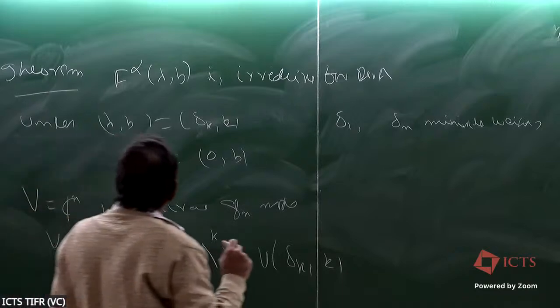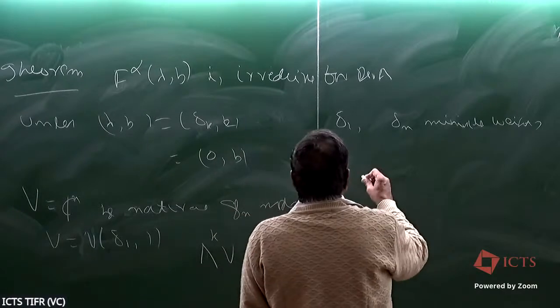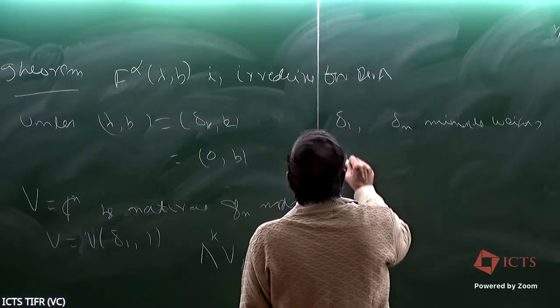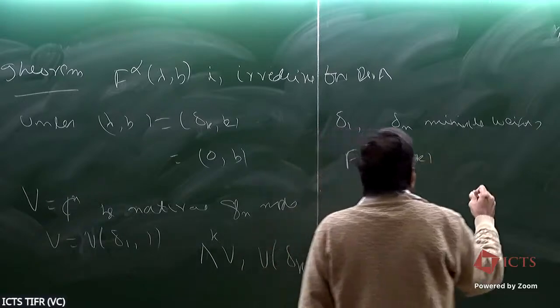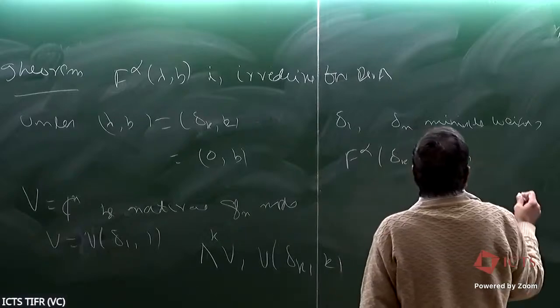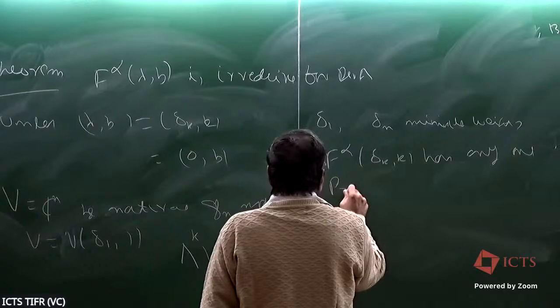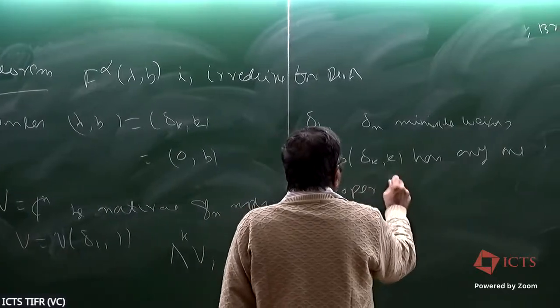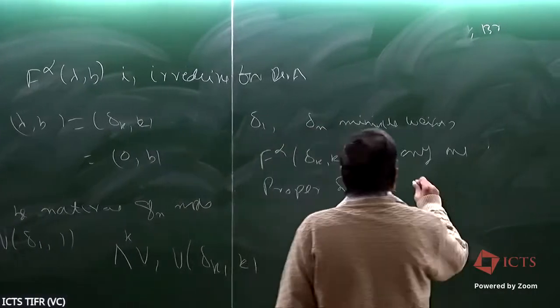Okay. And so F(alpha, delta_k) has only one proper submodule, up to trivial factor.